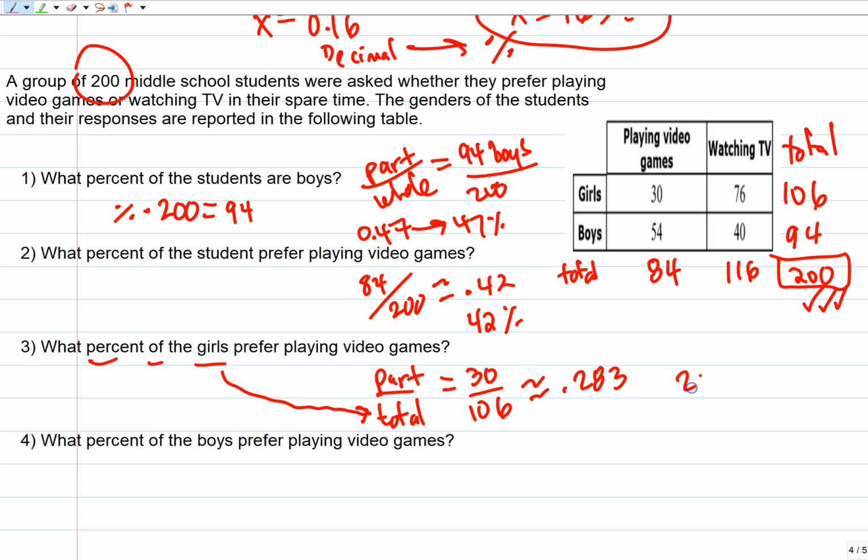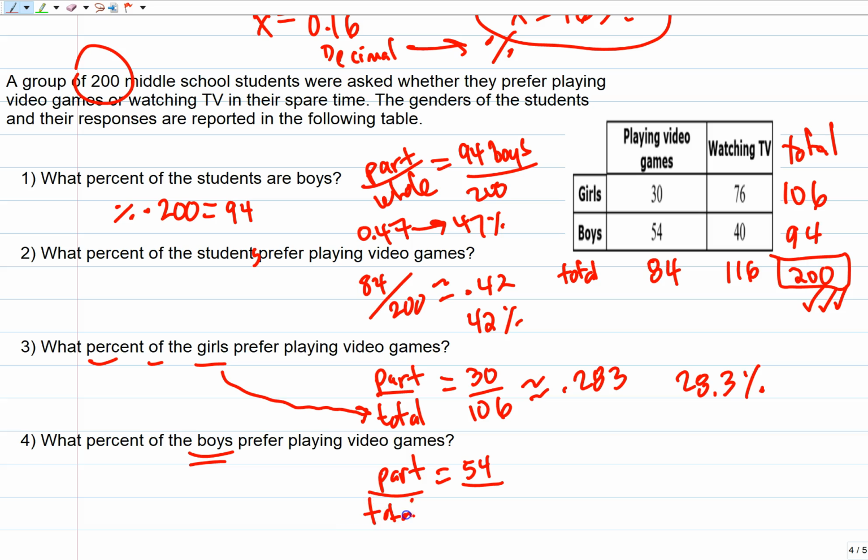So 28.3%. What percentage of the boys preferred playing video games? Well, how many boys played video games? The part is 54 out of, not 200 this time, because I'm not doing percent of the students. I'm doing the percentage of the boys.